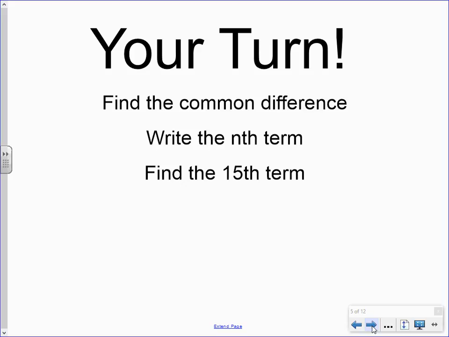Okay, I want you to all come up with a common answer for those 3 items. Compare work, come up with a common answer for your problem.